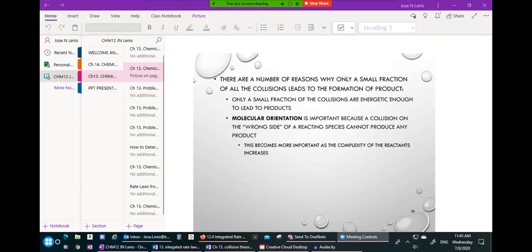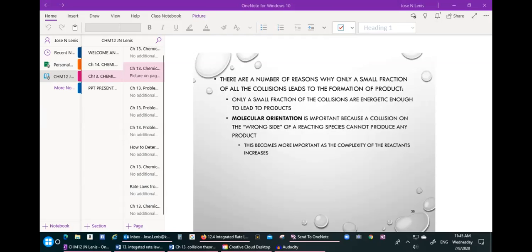So, how do we produce effective collisions between particles that are reacting in a container? Well, it will depend on the molecular orientation of these molecules.